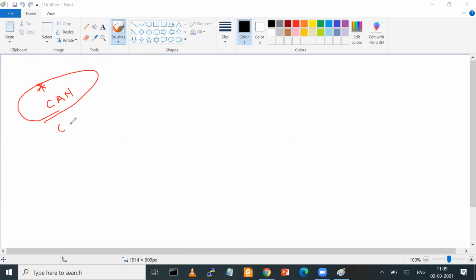We can further categorize network into CAN, campus area network. Campus area network is a kind of network where we group multiple LANs together.